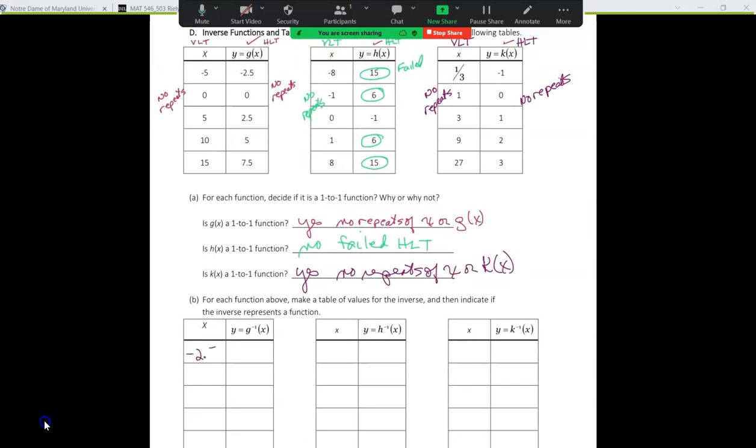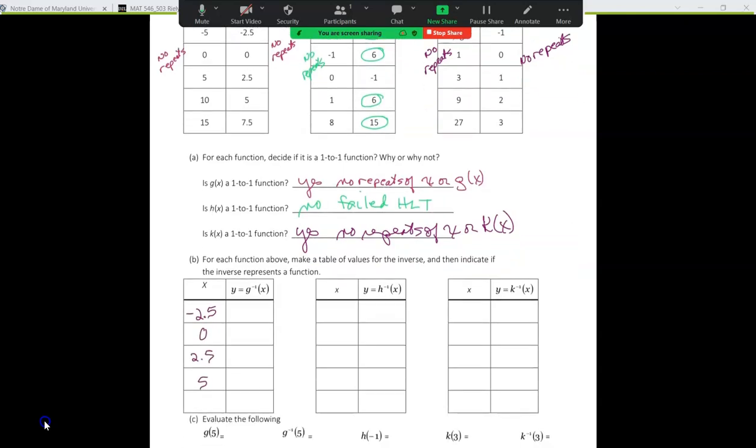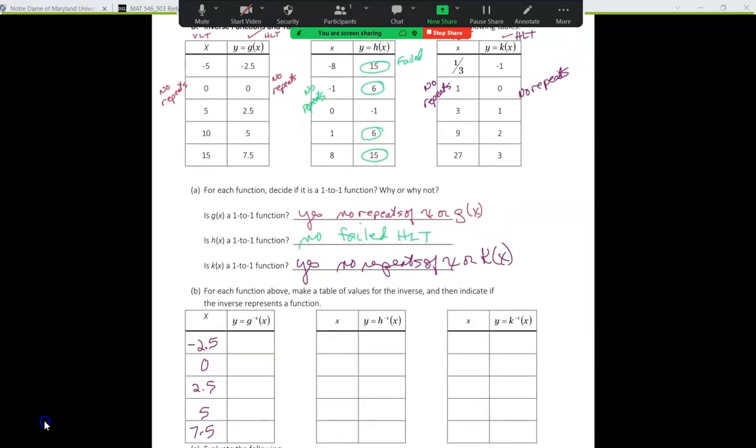Negative 2.5, 0, 2.5, 5, 7.5. Okay, so what's the y value of the g negative 1 function is going to be the x's from the original function, 5, 10, 15. That's good. Okay, let's do the other one. This is 15, 6, negative 1, 6, 15.